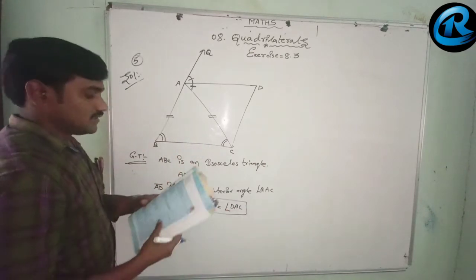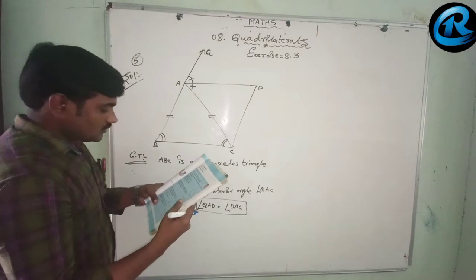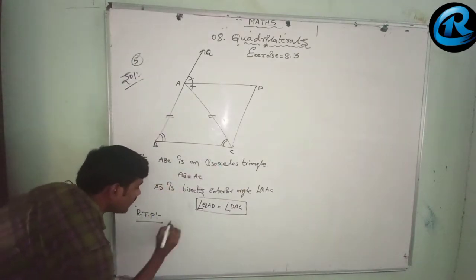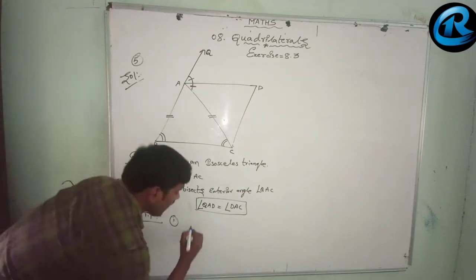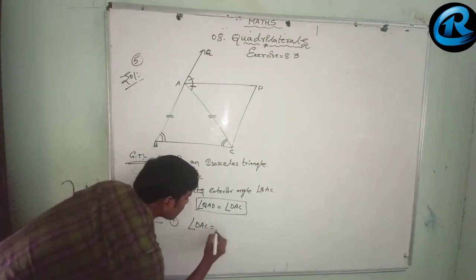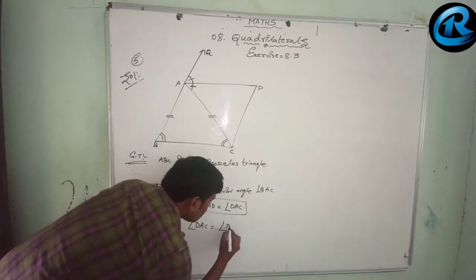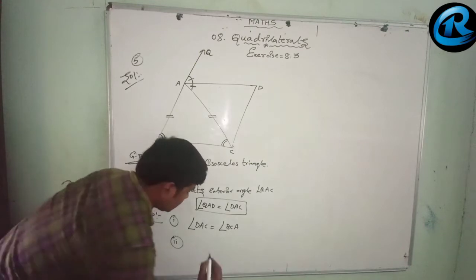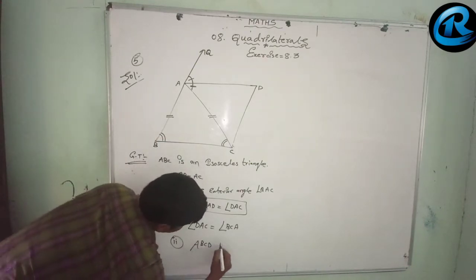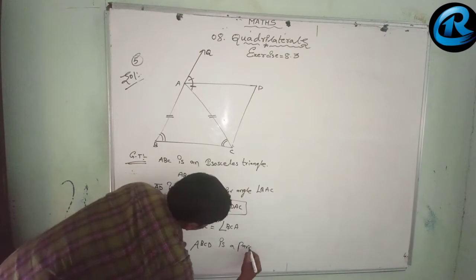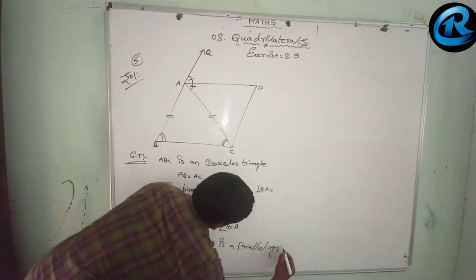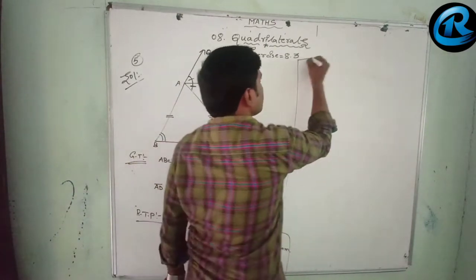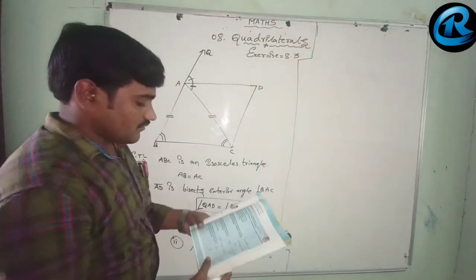Now, in this figure, required to prove, question number 1, angle DAC equal to angle BCA, and the second one, ABCD is a parallelogram. Let us go for proof number 1.